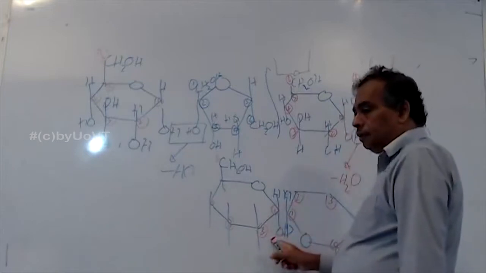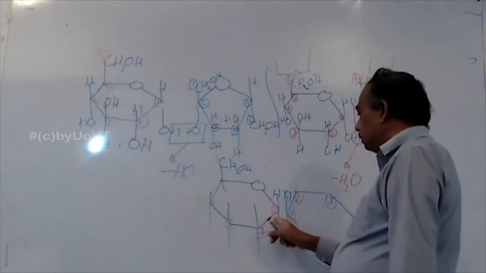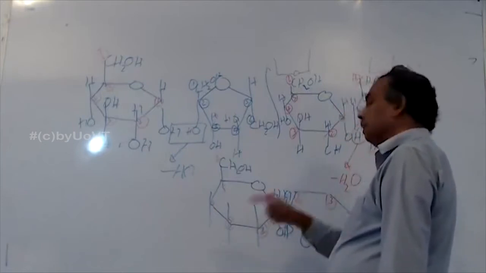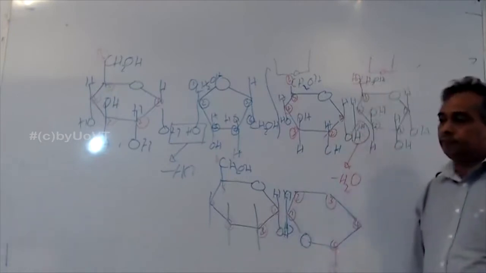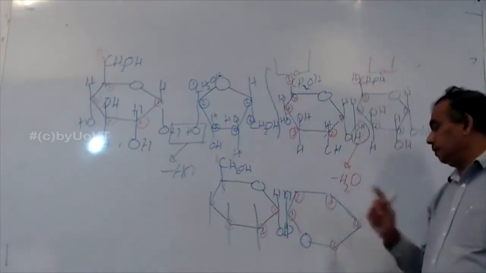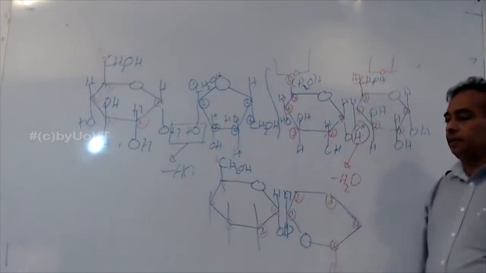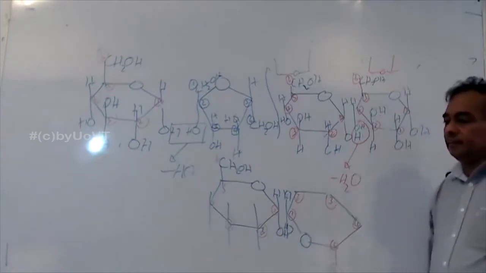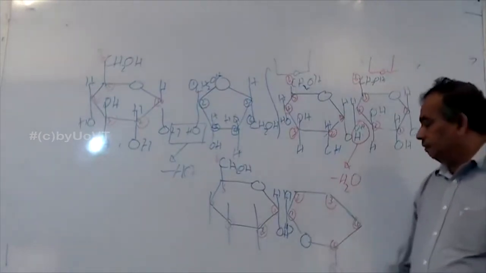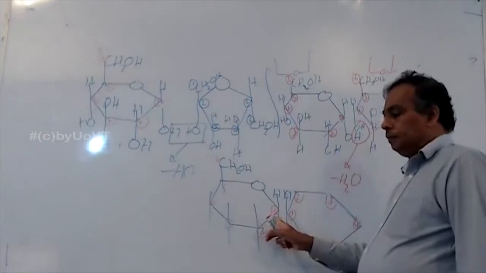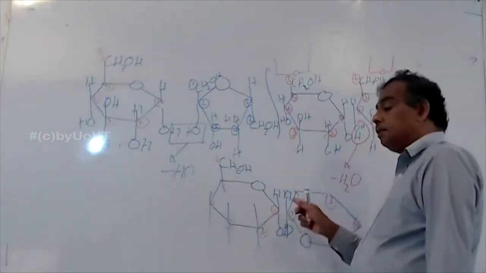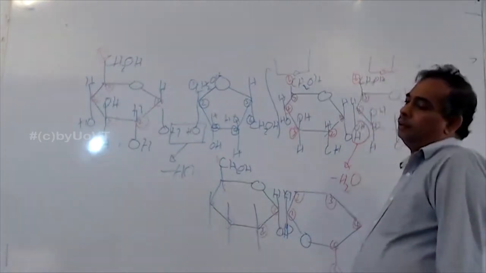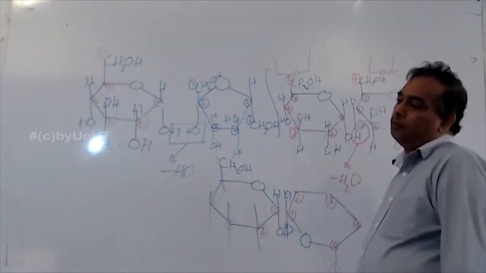But here, the case is totally different. The first carbon of the first glucose unit interacts with the first carbon of the second glucose, because this is another rotation, not the same one. What can you say about the freedom of the anomeric carbons?